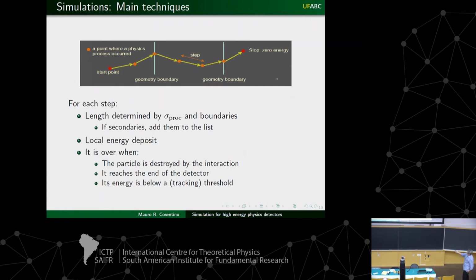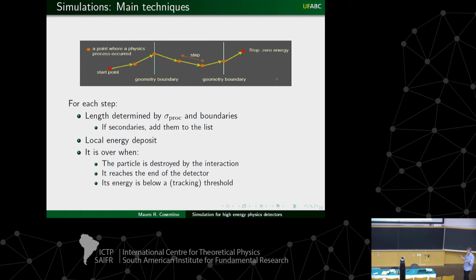So you have the starting point. You divide your detector volume and material in steps. The size of each step will depend on the process that you have turned on. You may not turn on, for example, Compton scattering, so you may have a calorimeter where there's no Compton scattering.